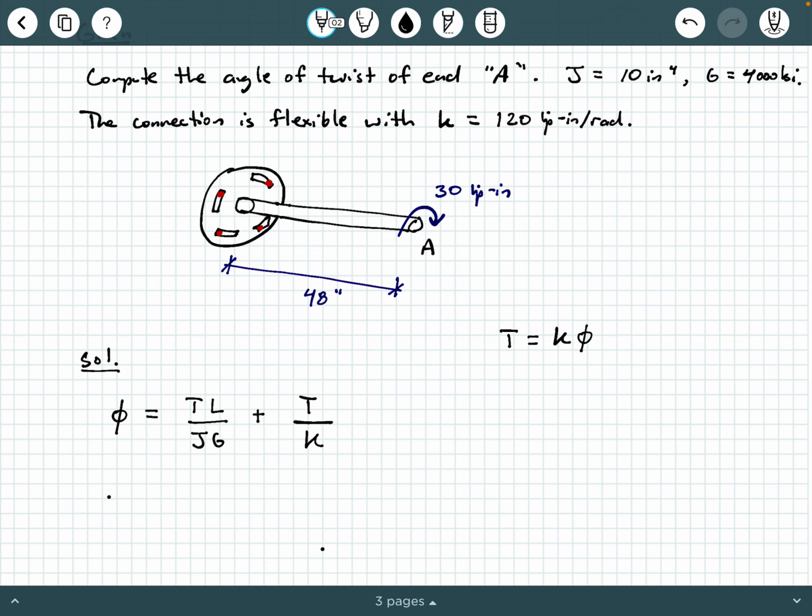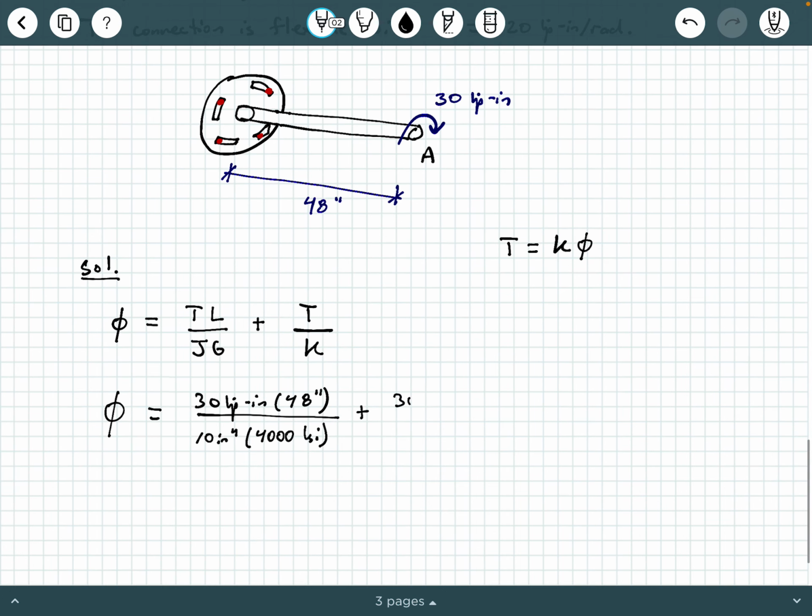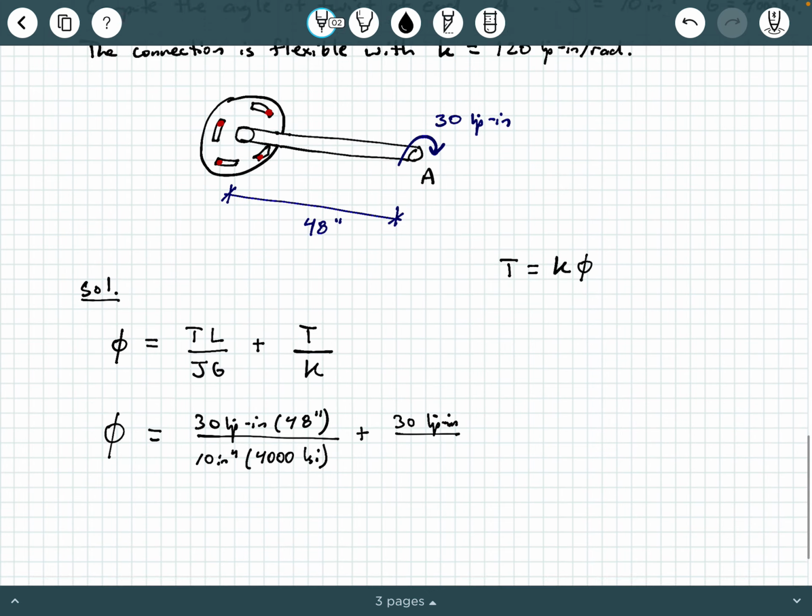So it's pretty straightforward. We're going to say phi is finally going to be 30 kip inches times 48 inches divided by 10 inches to the fourth with 4,000 KSI in that denominator, plus 30 kip inches divided by that 120 kip inches per radian, okay?